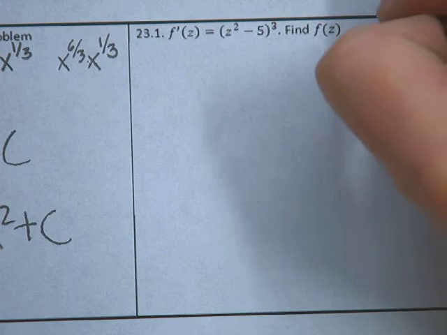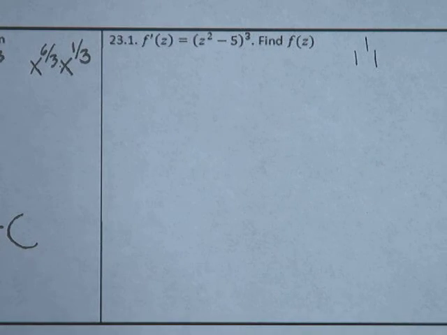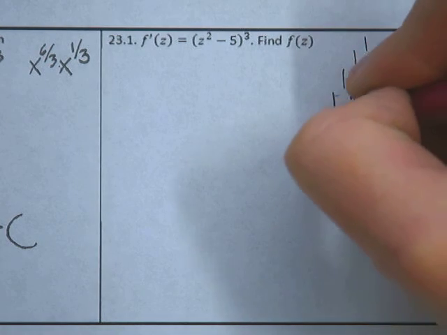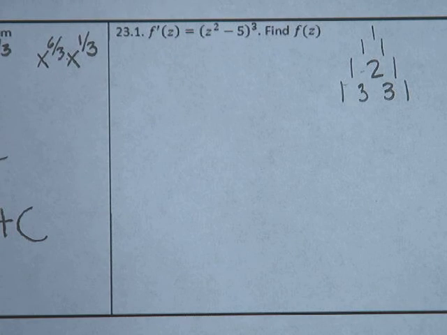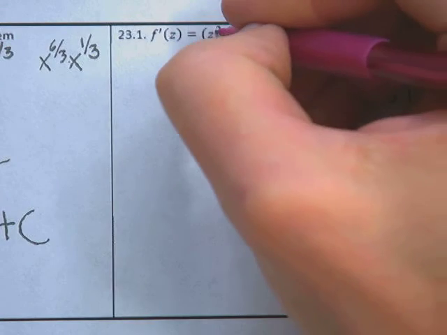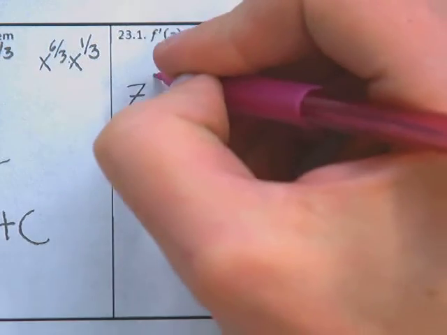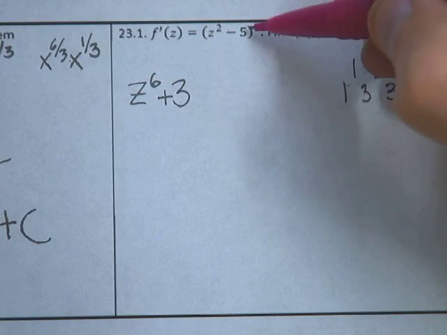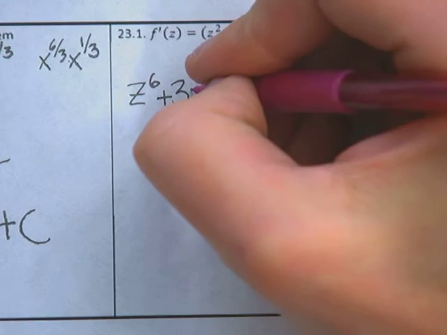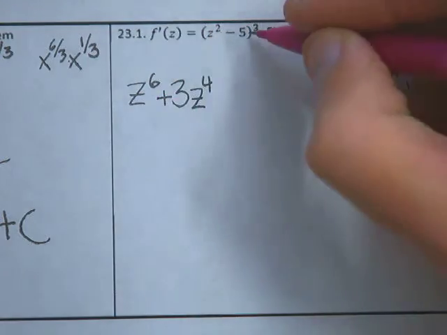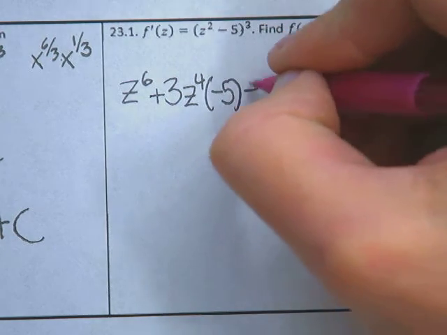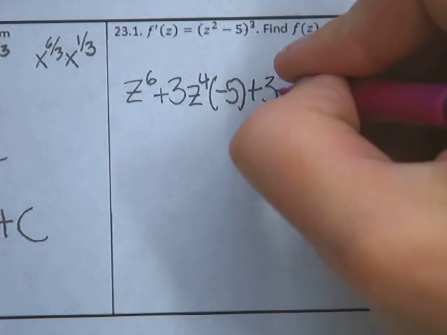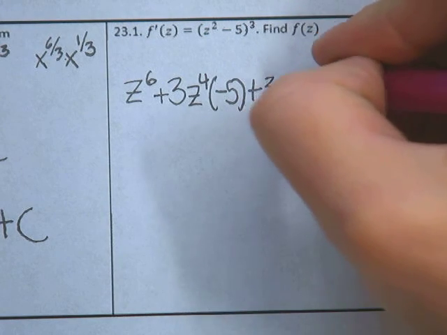I'm going to use Pascal's triangle because it's just easier with cubes. This is the squared level of Pascal's triangle, and this is the cube level. So I'm going to have 1 times the first term cubed, so 1 times z squared cubed, which is z to the 6th, plus 3 times the first thing squared times the second thing, so 3z to the fourth times a negative 5, plus 3 times the first thing times the second thing squared, which is 25.